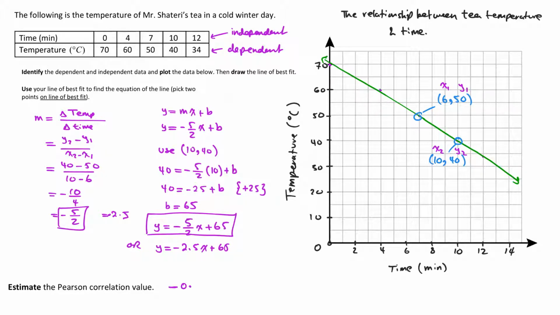So I will estimate this as negative 0.99. You could say negative 0.9, you could even say negative 0.8, but if you had said negative 0.5 or negative 0.2, that would not be a very good estimation based on the data that you have over here.